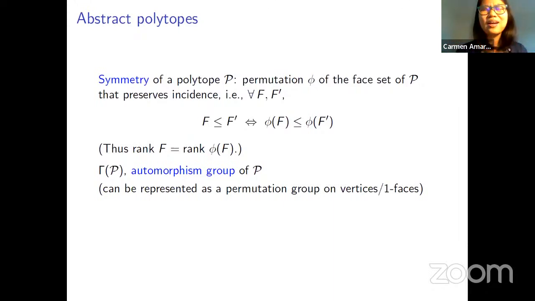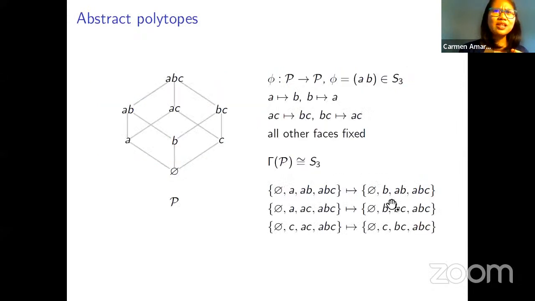So in particular, the automorphism group can be represented as a permutation group on the vertices of our polytope, so this should be the zero faces of our polytope. To illustrate, let's look again at our abstract polytope derived from the triangle.